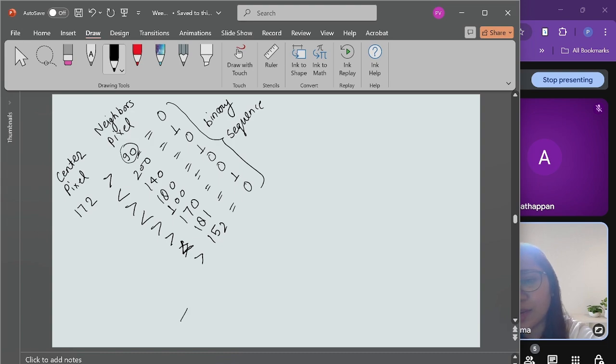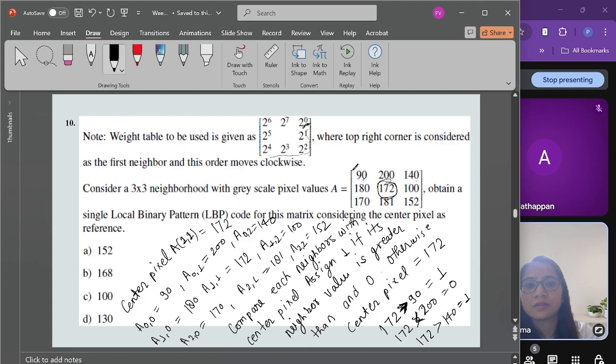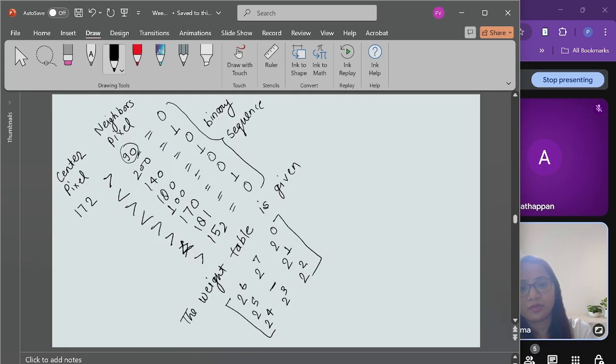The weight table is given, that is 2 to the power 6, 2 to the power 7, 2 to the power 0, here 2 to the power 5, here it is the center pixel, so no allocation, 2 to the power 1, 2 to the power 2, 2 to the power 3, and 2 to the power 4. Here it is given in the question, this table. Now we have to calculate the corresponding weights with this binary sequence.